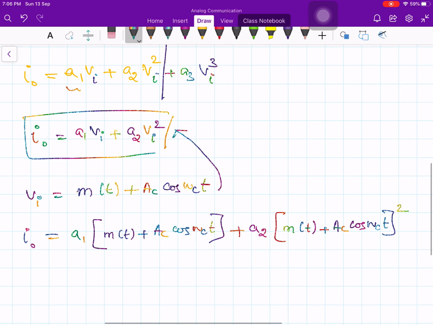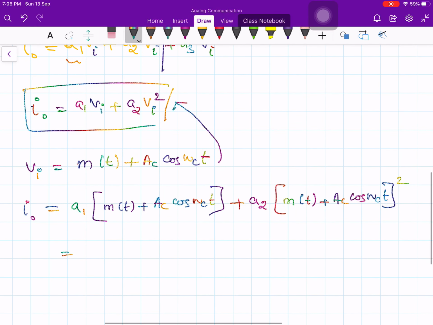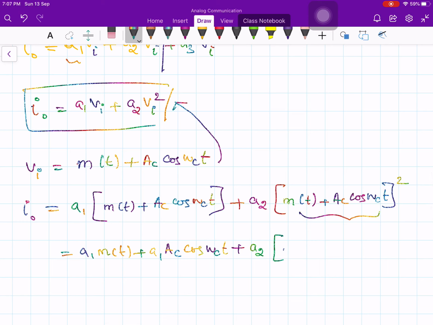This is a1 m of t plus a1 A_c cos omega_c t plus a2. Here the beauty is it's a square term, a non-linear term: m squared of t plus A_c squared cos squared omega_c t plus 2 times m of t A_c times cos omega_c t.